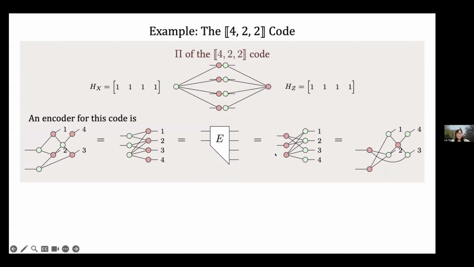An encoder for this code means that there's some selection of which Pauli Z and X on the logicals maps to which physical operations. We want to choose an encoder which is phase-free, which you can always do. I'll show that on the next animation.